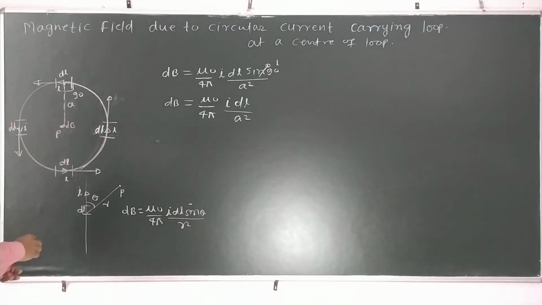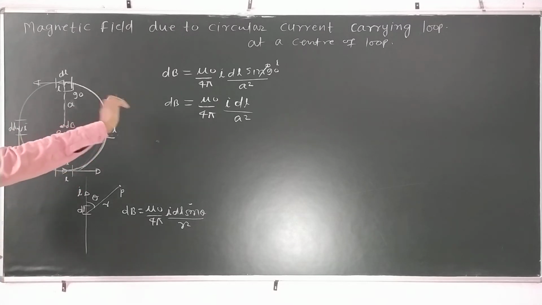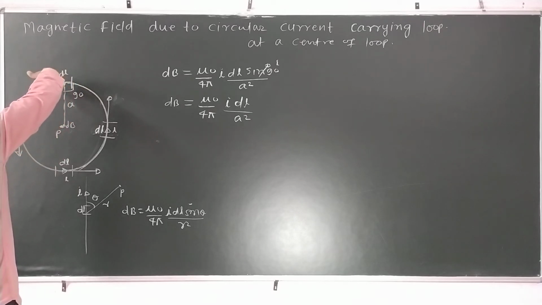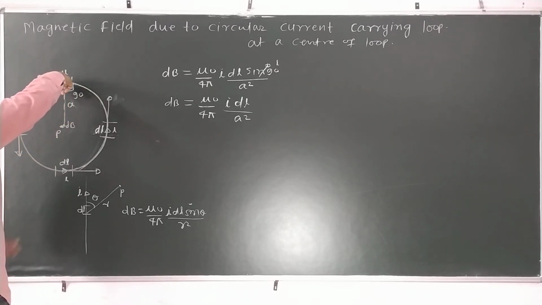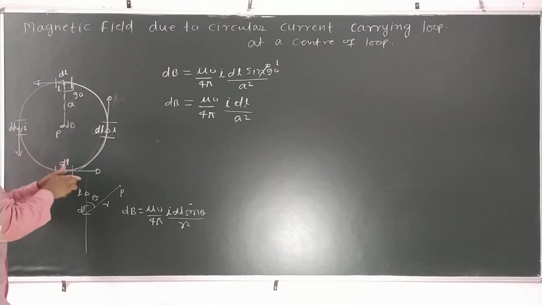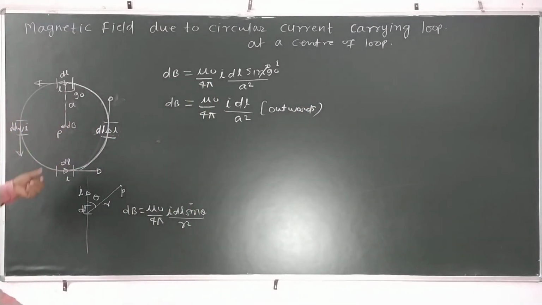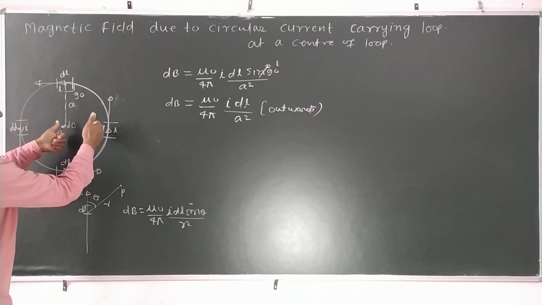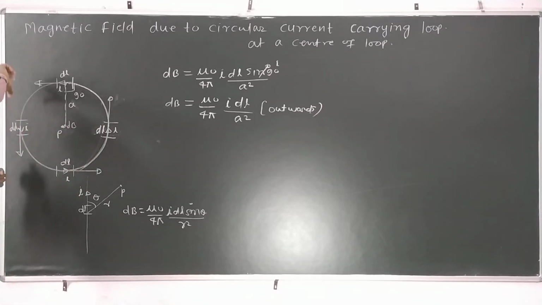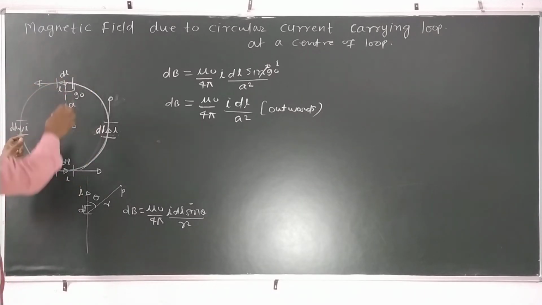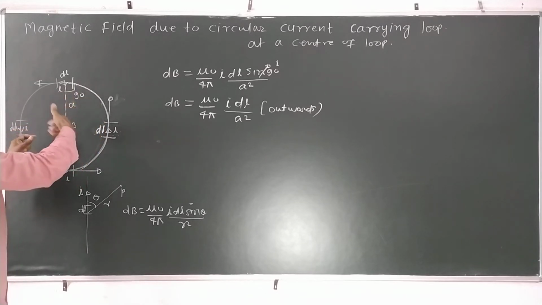For the direction of this magnetic field, we use the right hand thumb rule. We place our thumb in the direction of current, and the four curling fingers give the direction of the magnetic field. Here we see that the magnetic field is outwards. As we place the thumb in the direction of current at the other elements, we see that the magnetic field is outwards for all of them.